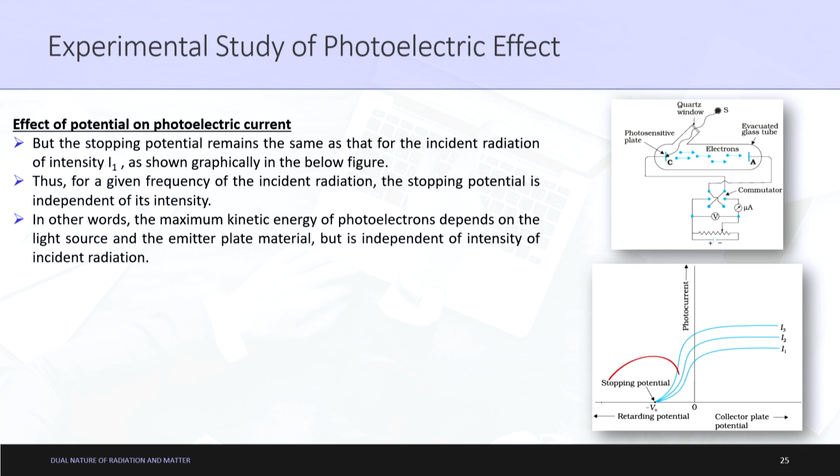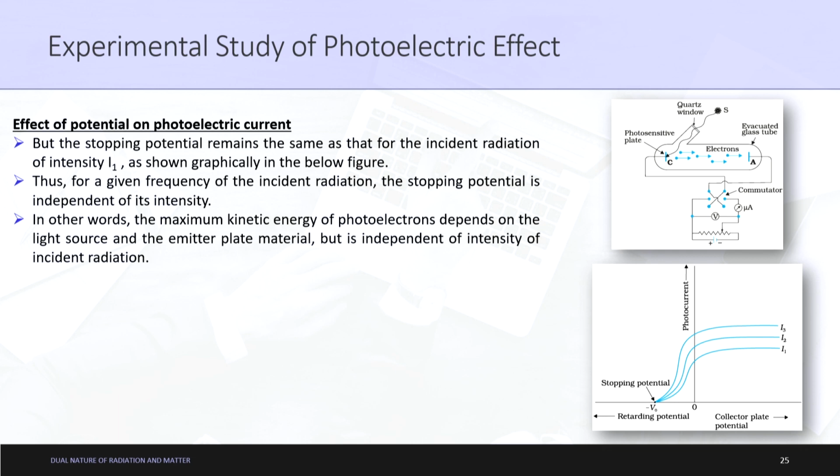Sorry, the stopping potential does not depend upon the intensity. As you can see, I1, I2, I3 are being varied while the frequency is kept constant. So, we do not yet know the effect of frequency on the stopping potential.